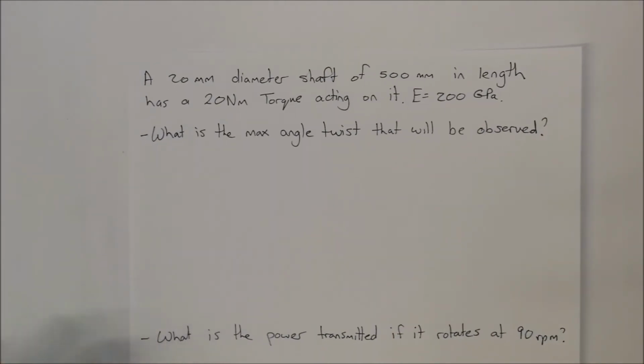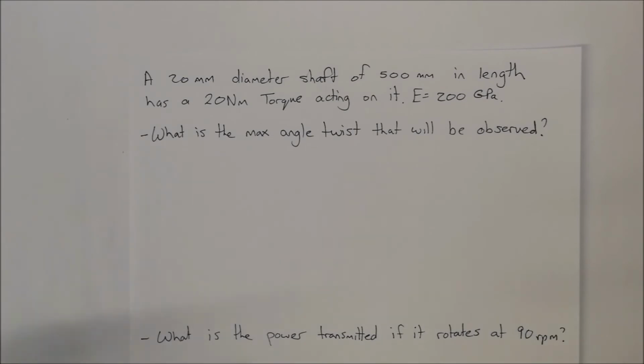A 20 millimeter diameter shaft of 500 millimeters in length has a 20 Newton meter torque acting on it. We're told that E is equal to 200 gigapascal. What is the max angle twist that will be observed?